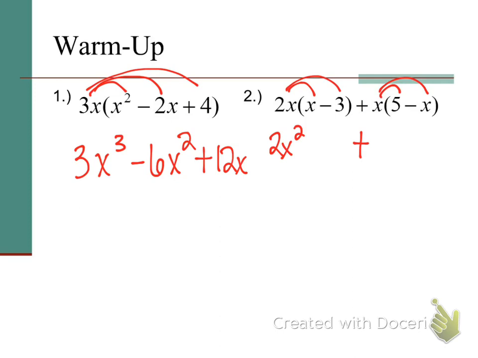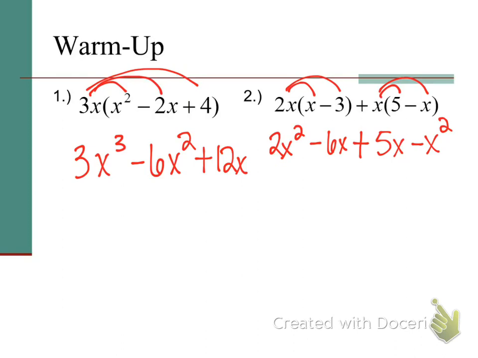Deshaun, what do I get when I take 2x times negative 3? Beautiful. Then we move to the back. Houston, when I take x times 5, what do I get? We get a 5x. And then we take x times negative x. Jamal Dixon, what is that? Negative x to what power? Squared. Beautiful.